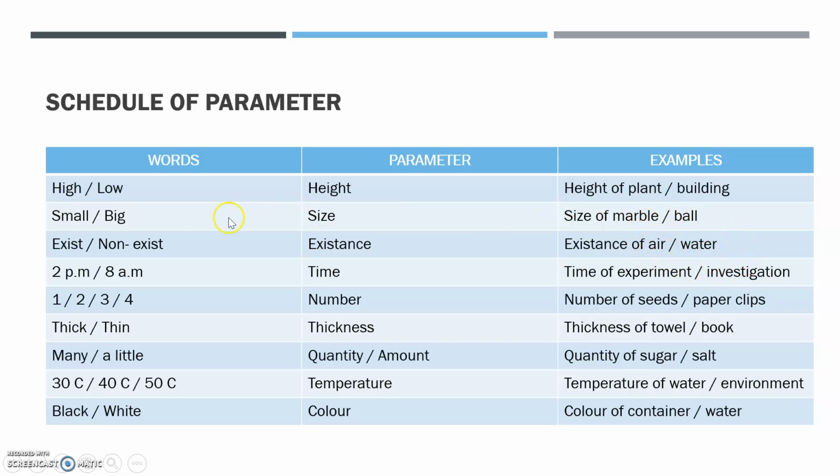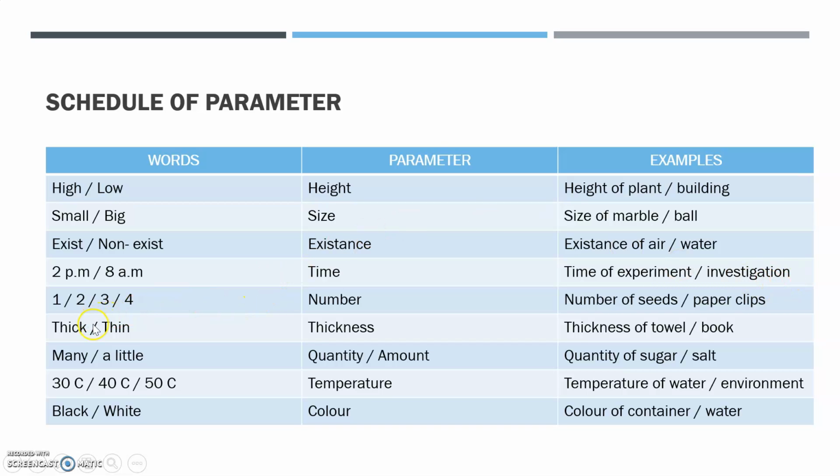Okay. Alright, let's say we are facing time, 2 p.m., 8 a.m. In the schedule they write the time. So the parameter is time. Okay, example, time of experiment or time of investigation. Masa eksperimen atau masa uji kaji atau penyiasatan.